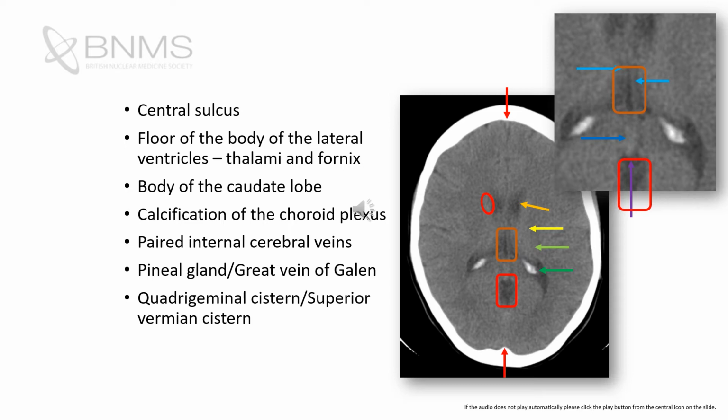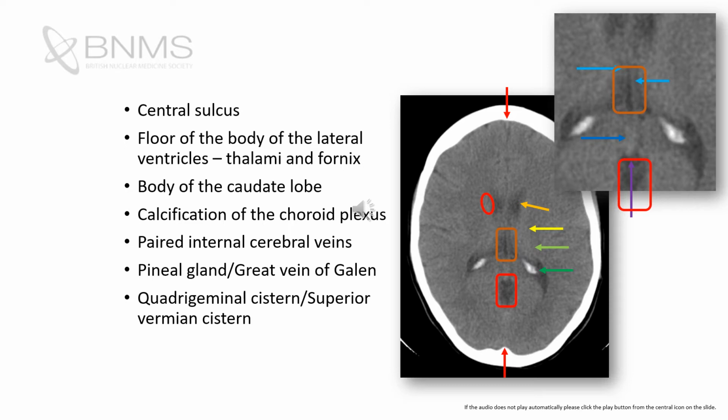The red oval indicates the position of the body of the caudate lobe. We will see that this is a prominent focal area of basal ganglia FDG uptake. The darker green arrow shows calcification within the choroid plexus.